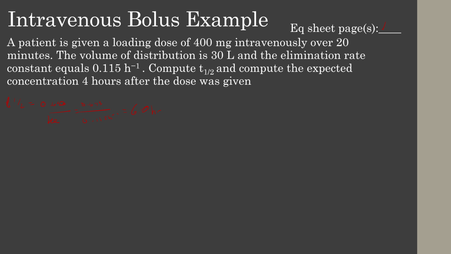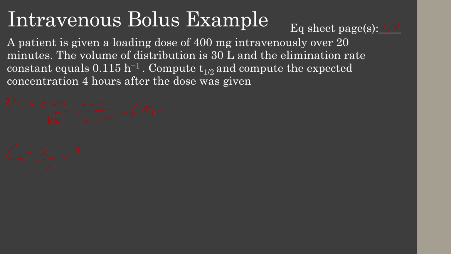And so you can find that equation on page 2. It's under the IV bolus single dose section. And what we want to do is calculate C naught. So that initial concentration is what we're looking for. And so we do that with D over V. Pretty simple.